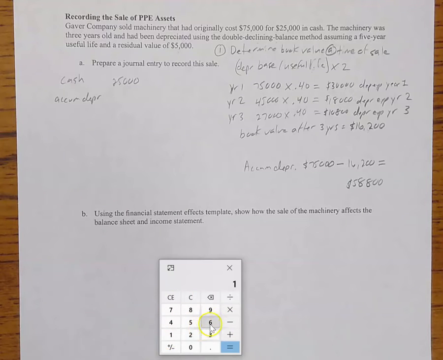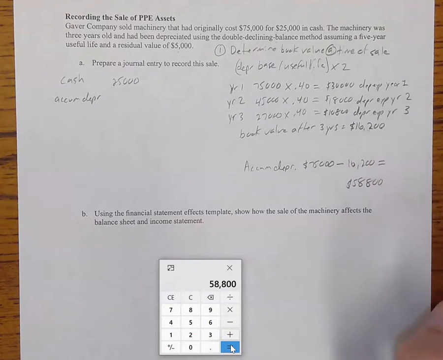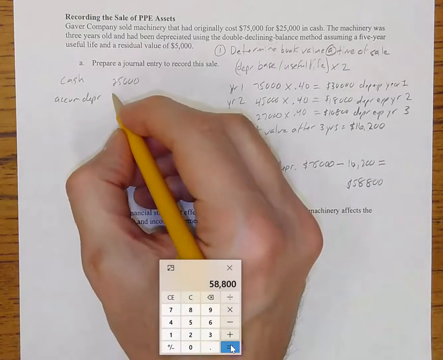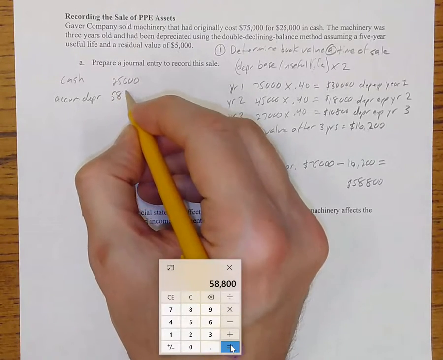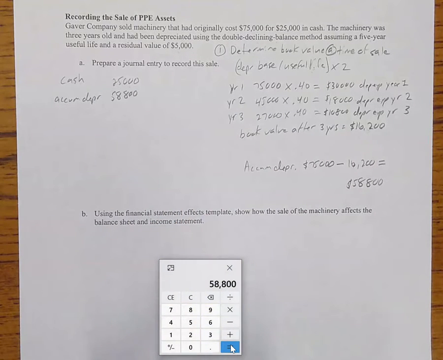Minus 16,200 does in fact give us 58,800. Okay, so that's how much depreciation we have accumulated, and so that has to come off the books. If we don't do that part, it'll still be on the balance sheet, and that's a problem.